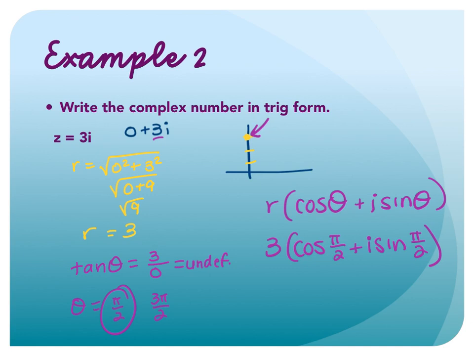And you'll leave it just like that. WebAssign may require these little parentheses around your angles, but on an open-ended test like what you'll have, you can leave it the way that it is, as long as that i is bumped to the front so that you're not taking the sine of i.